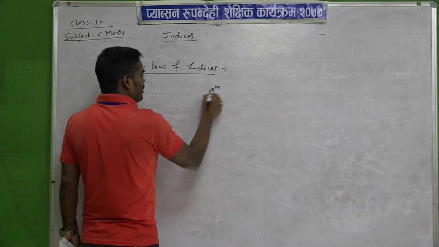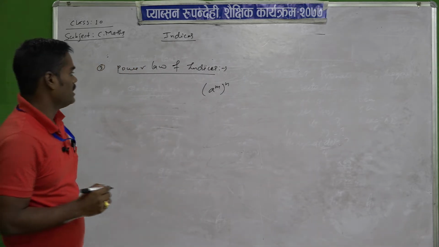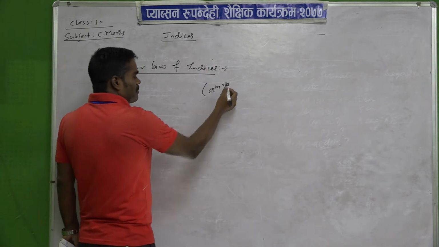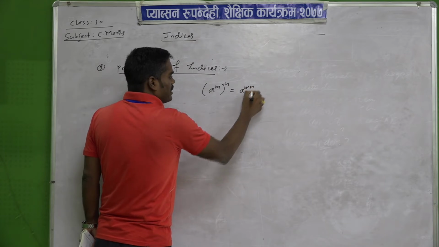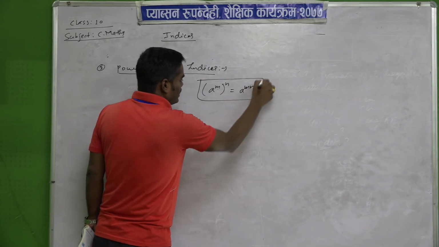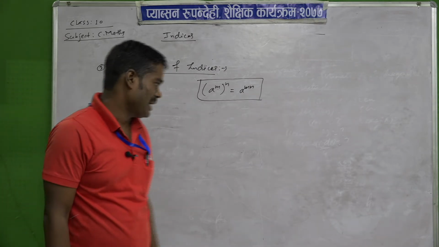Suppose here a power m whole power n. If power over power, then they are multiplied. So, it becomes a power m into n.